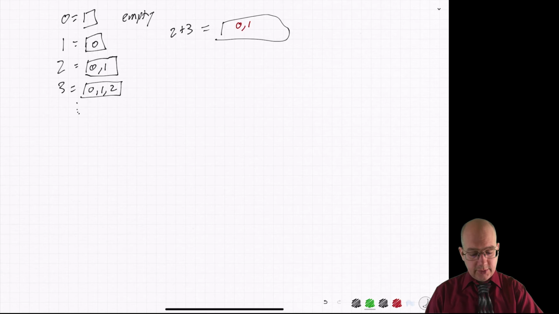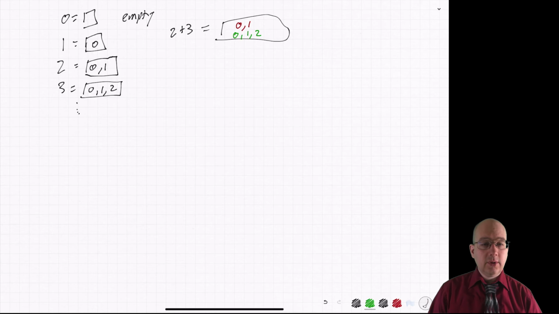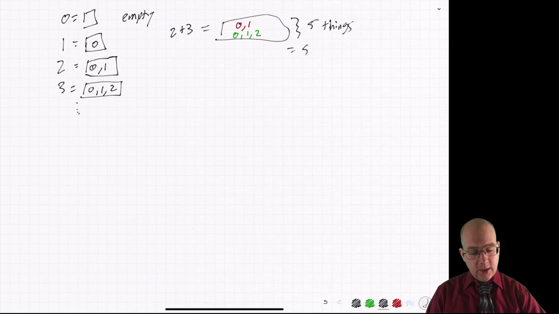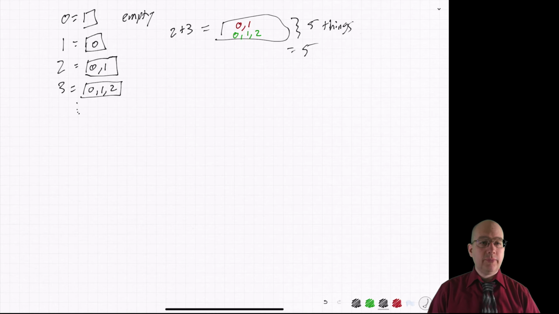So that represents 2. And then you have green being 3. And you put them together and you count. And so then that's like 5 things. So that's equal to 5. And that's addition.